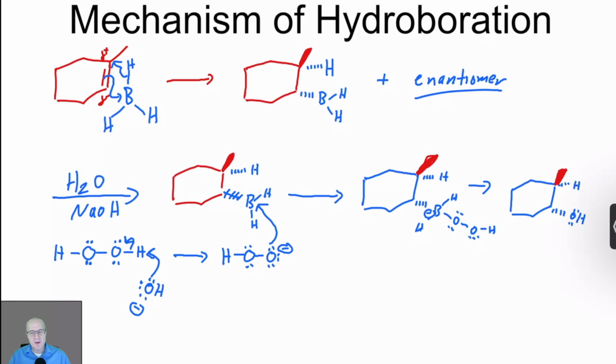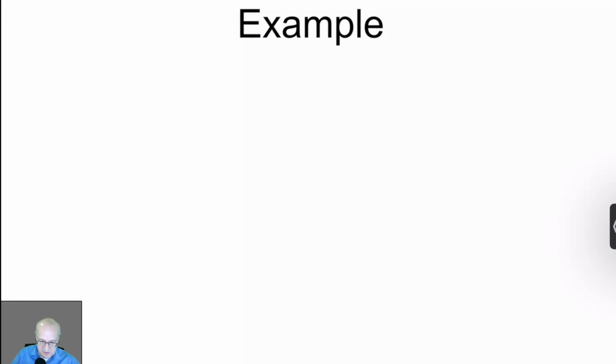The key take-home message here is that the hydrogen and the boron add in a syn fashion, which will end up putting the alcohol and the hydrogen that you're adding on the same side. They'll also be syn. Now let's take a look at another example of hydroboration oxidation. That's a very similar example.